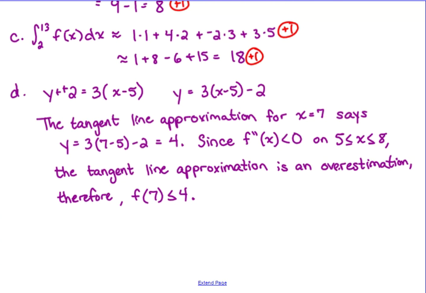So since we know it's an overestimation, we know that it has to be less than, or it could possibly be equal to, but it's more likely that it is less than 4.